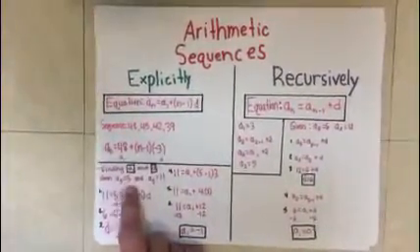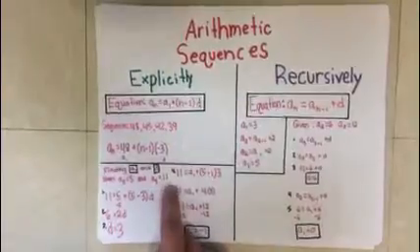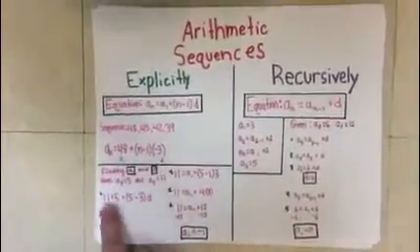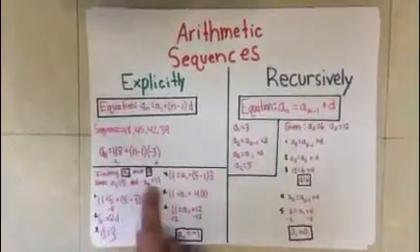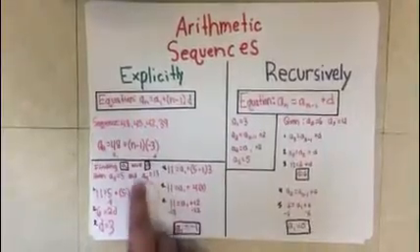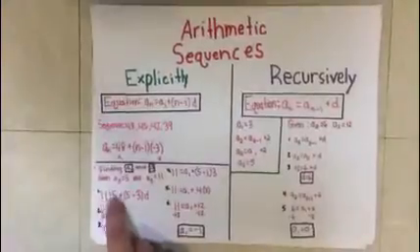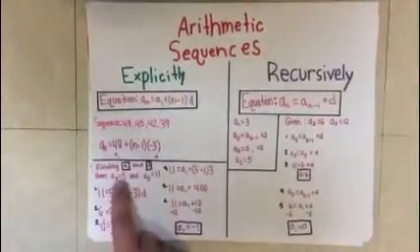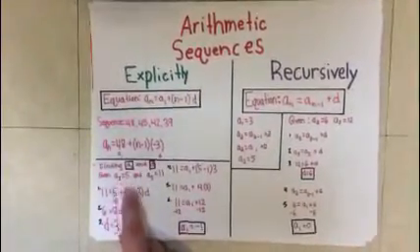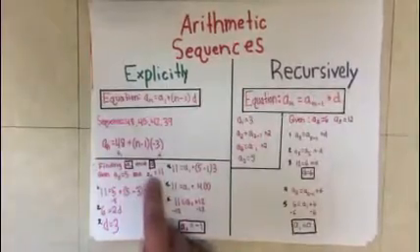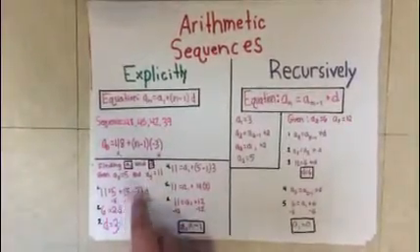Okay, finding a1 and d. Given a3 equals 5 and a5 equals 11, plug these numbers into the equation. a5, which equals 11, equals 5, the value of the beginning term, plus the end position minus the beginning position times d.